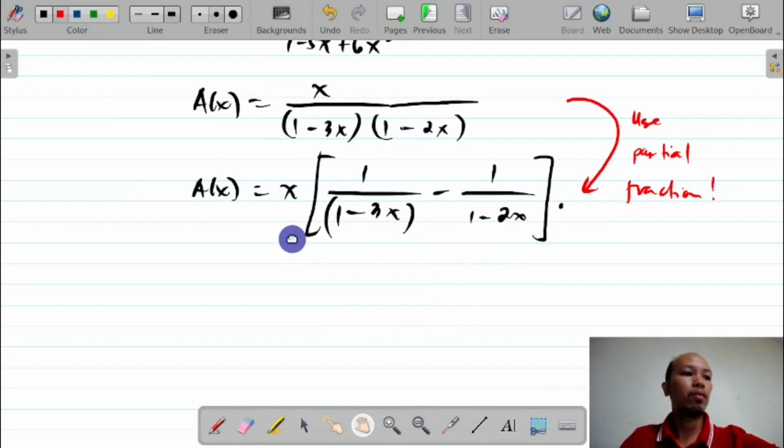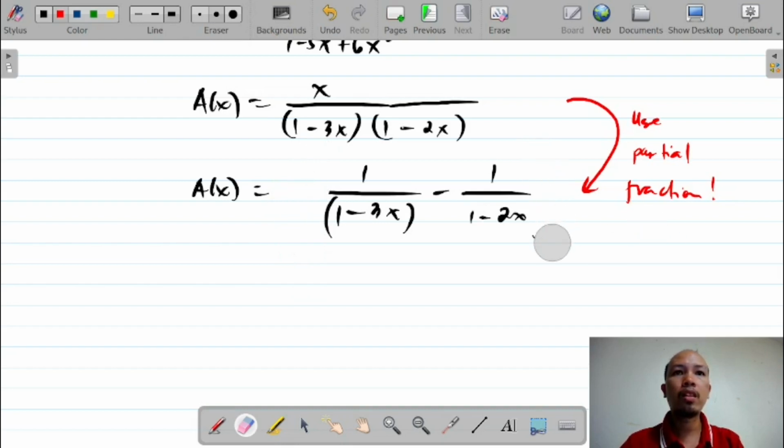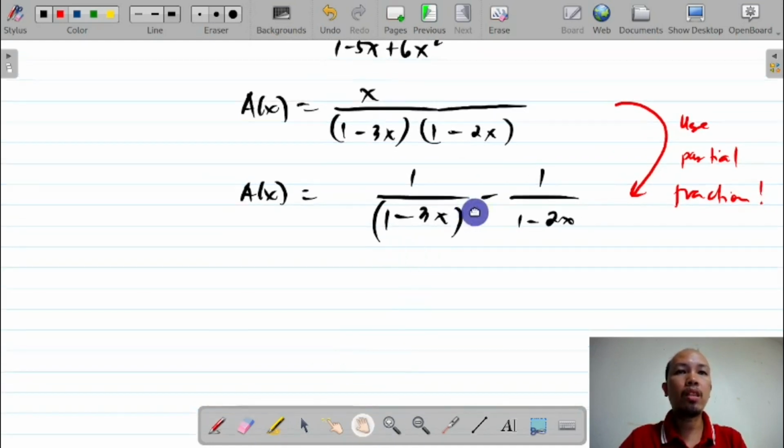Since we made a shortcut, I think I made a mistake here. When I recall my notes, it should be this one. That's the answer. I'm sorry, I made a mistake. When you use partial fractions, this expression here is equal to this one.